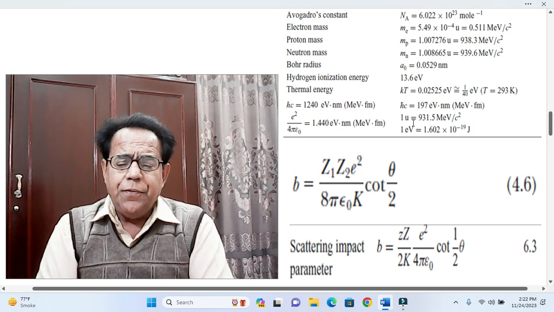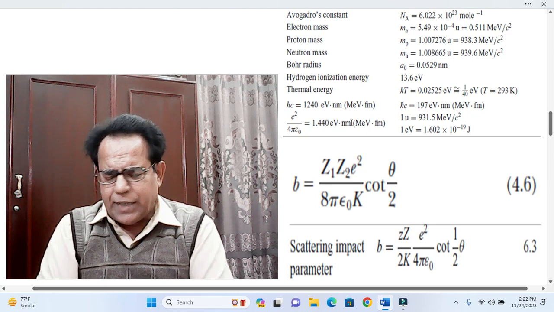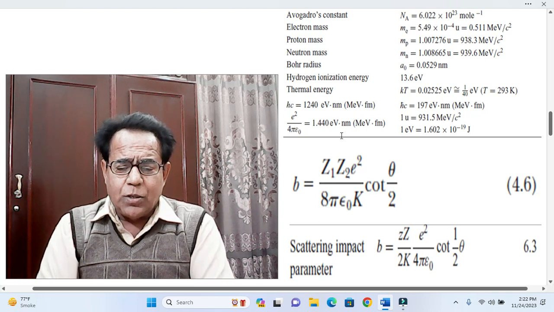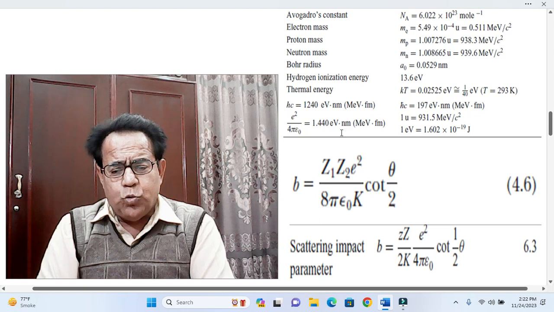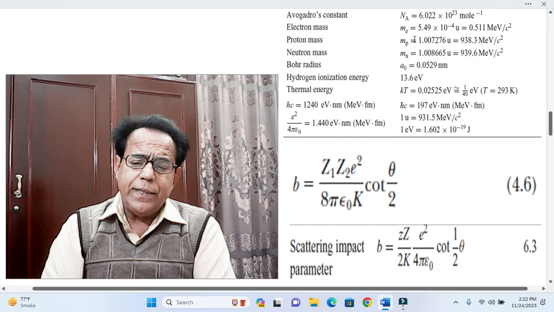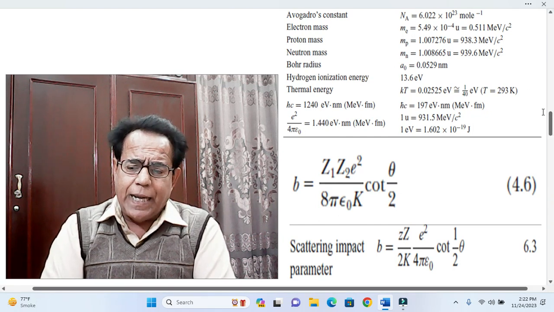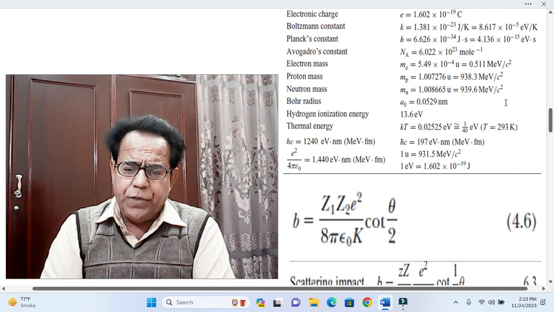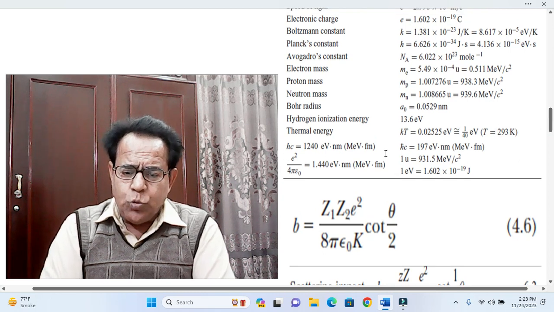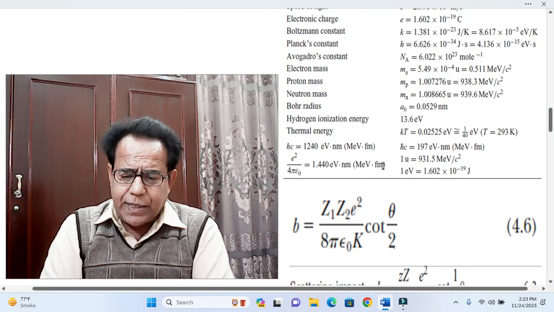We can use either of these two values: when electron volt is used, then nanometer; when million electron volt, then femtometer. So in this problem we will not have to put the value of e, 1.602 into 10 raised to the power minus 19 coulomb, but rather we will use this combined value e squared over 4 pi epsilon naught.